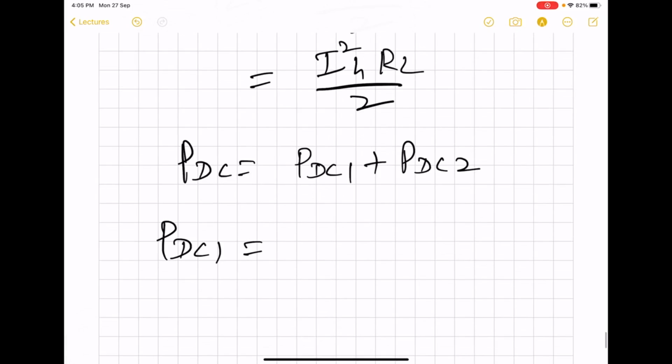PDC for MOS 1 is equal to VDD and the IDC provided by it.